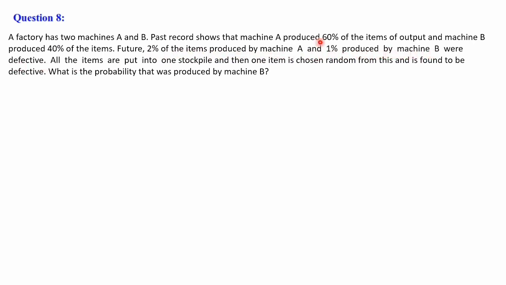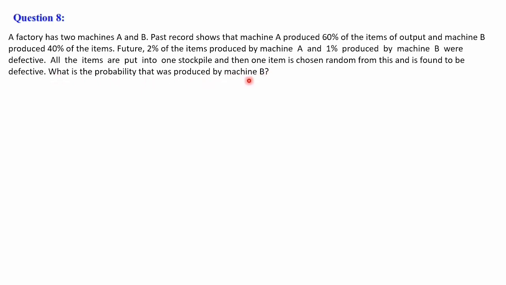So 60% is produced by machine A. Out of that 60%, 2% was defective, and another 40% was produced by machine B, and out of this 40%, 1% is defective items produced by machine B. All the items are put together into one stockpile and then one item is chosen. After putting all these things together, one item is taken at random and it is found to be defective. What is the probability that it was produced by machine B?